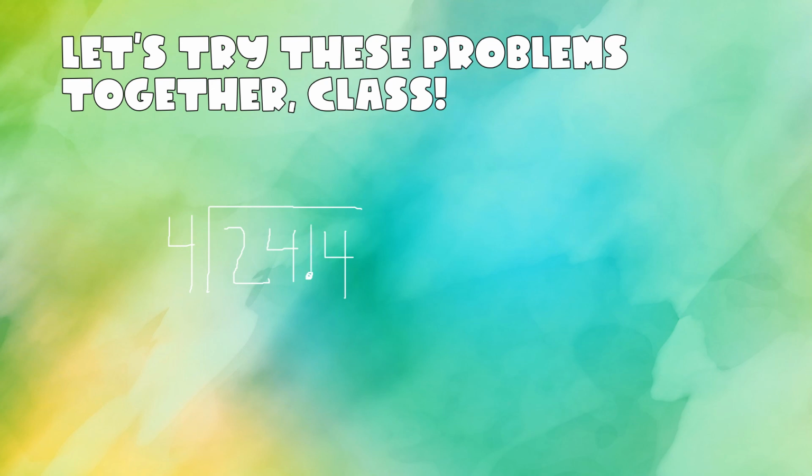So I make sure I draw my decimal right there. And then after that, I ignore the decimal and I divide like normal. So I treat it now like a whole number, but my decimal still stays in my quotient up here. So I know 4 goes into 24 6 times. 6 times 4 is 24.